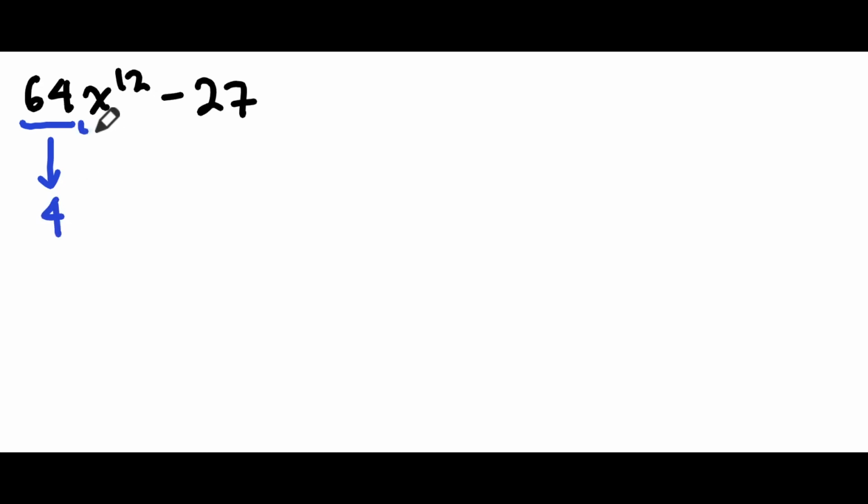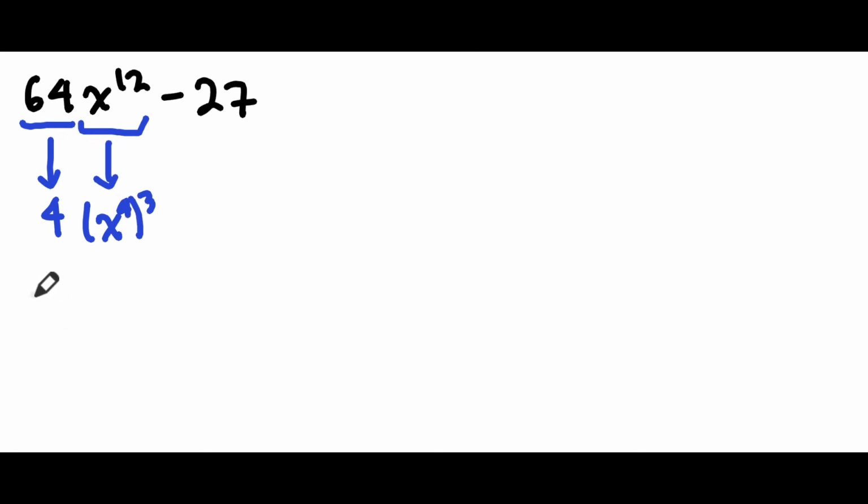And if we look at x to the power of 12, we can actually break this down as a power to a power. So we actually have x to the power of 4 raised to the power of 3. So we can see here that the whole term 64x to the power of 12 is a cube.